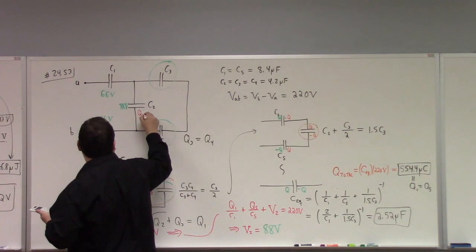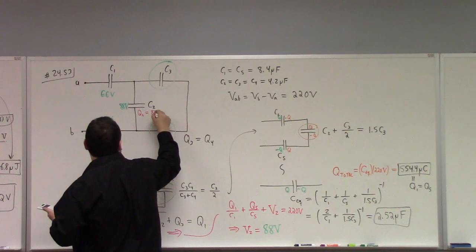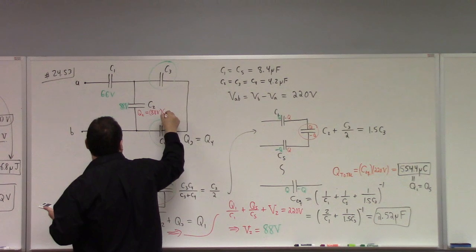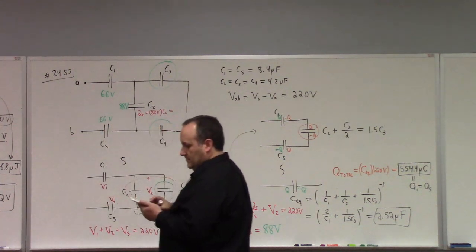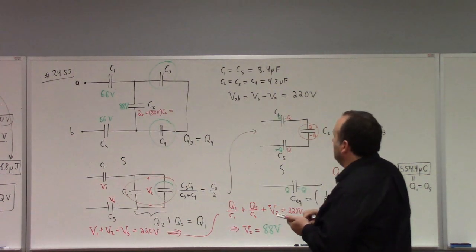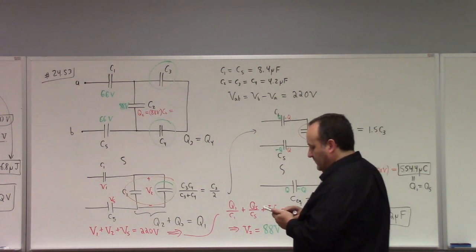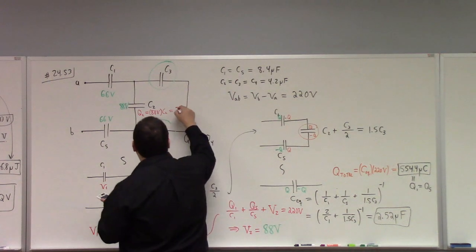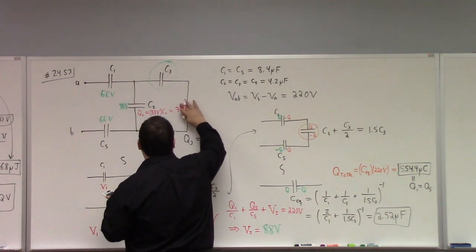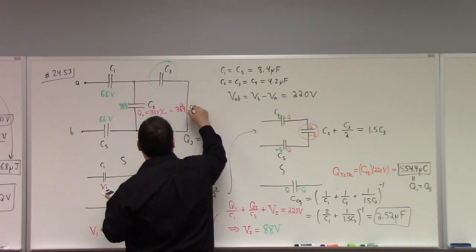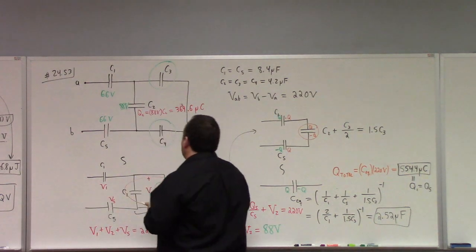Q2 is 88 volts times C2, which gives me 369.6 microcoulombs.